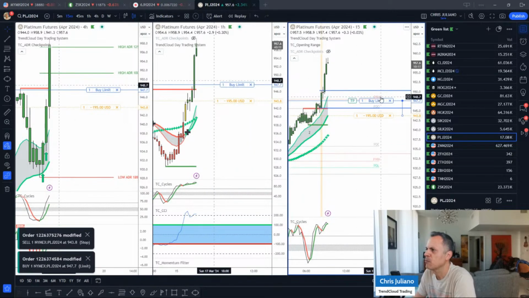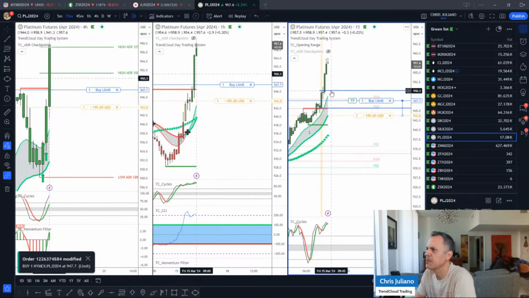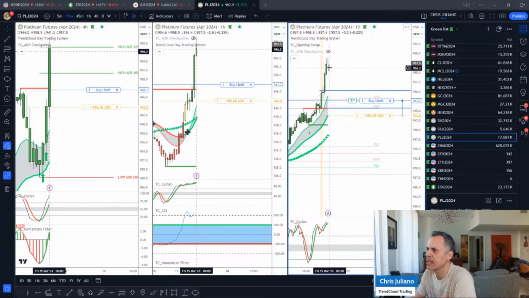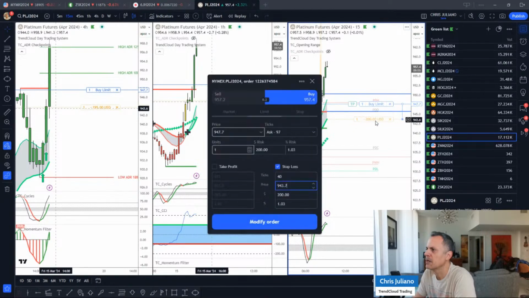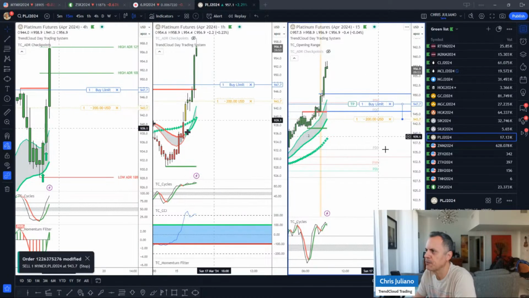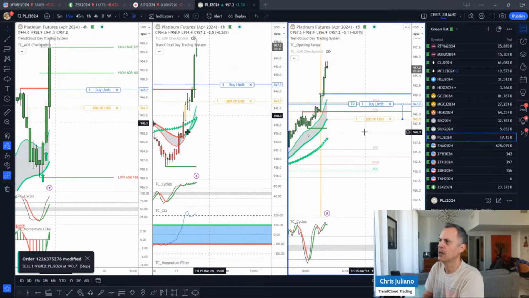Put it right at that previous day's high. Maybe it comes down, hits the previous day's open, stays inside of the opening range on that pullback. And we're at the full Monty here, right? We're at that full $200 risk. We don't want to go over $200.